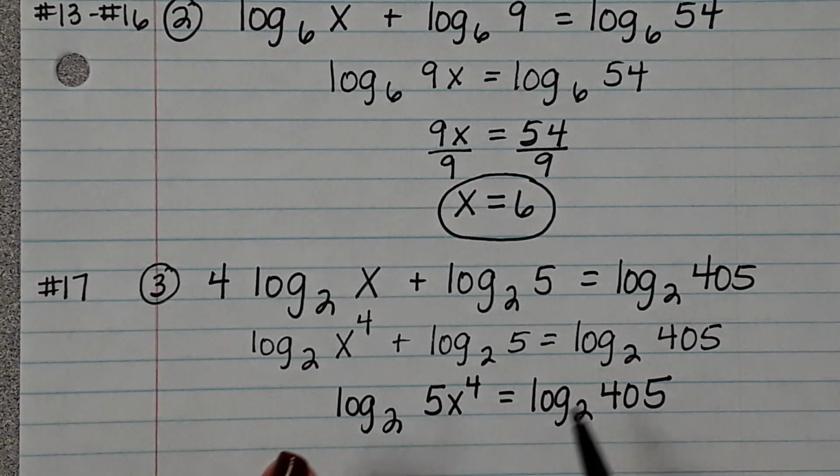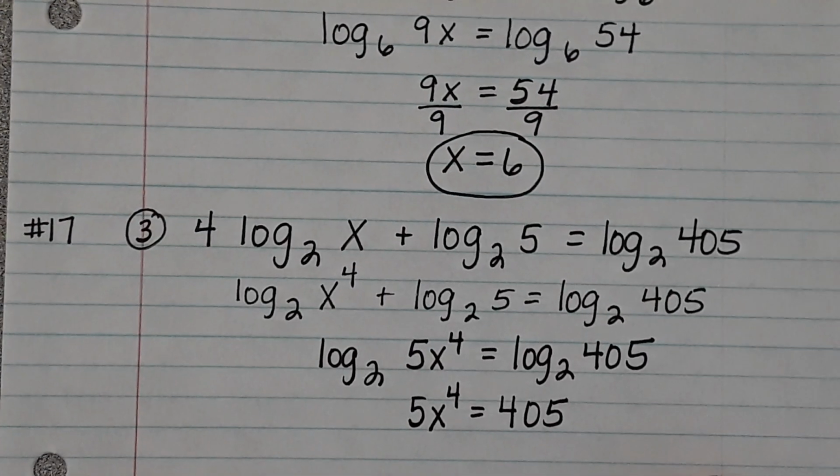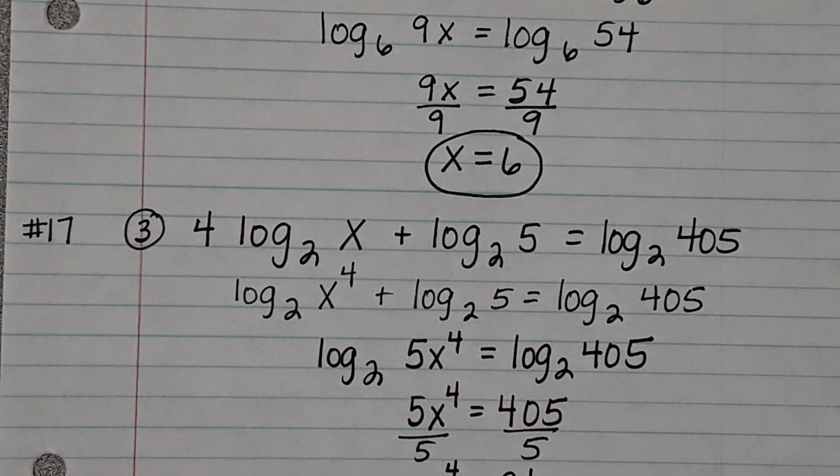You guys also noticed that the bases were the same. So I have 5x to the 4th equals 405, sorry. And now, what do we do? We're going to divide both sides by 5. We have x to the 4th equals 81.